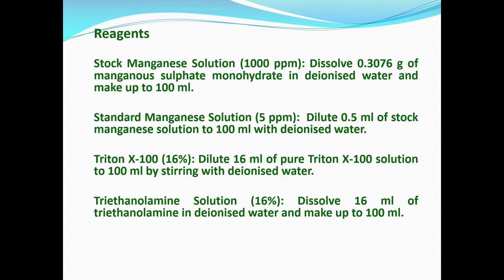We have to prepare about 16% pure Triton X100 solution. We have to dilute it with deionized water. Usually Triton X100 is a very thick viscous liquid. So, normally what we do is we try to prepare on a weight basis. You can either take 16 ml or you can weigh exactly in a beaker and dilute it to 100 ml.